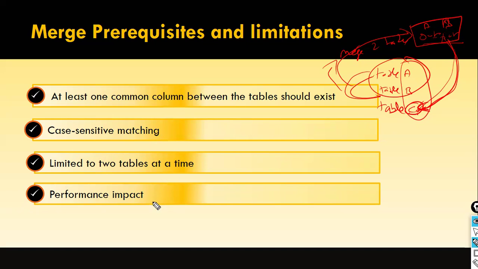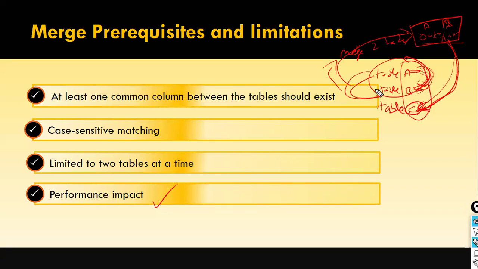So, performance impact. Since you are merging the data, it involves a performance bottleneck. Obviously, it has to check whether the table has the location key. Whether the corresponding location key is available here. The second record goes and checks whether the location key is available here. Third record, the location key is not available here, and skip it.